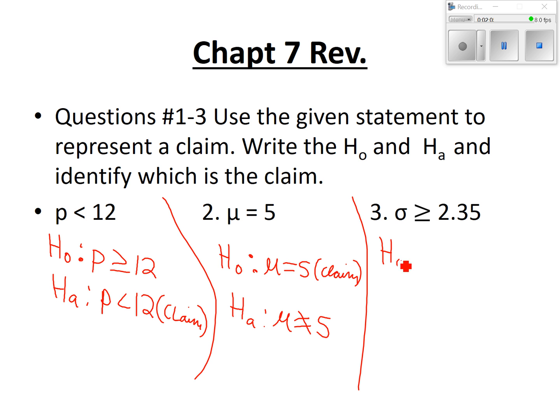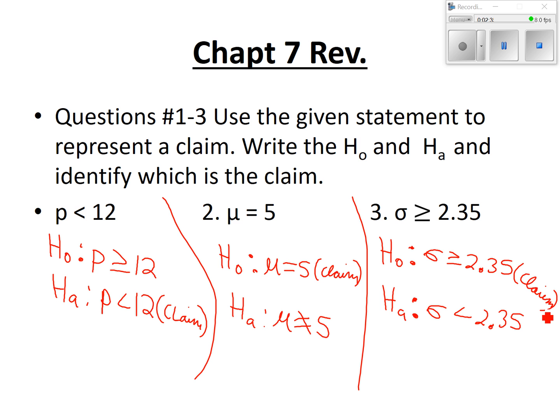Last one, our null hypothesis, our alternative hypothesis. What's our null hypothesis this time? Alternative hypothesis. Oops, what did I forget? That's right, the claim up here. We'll do that.